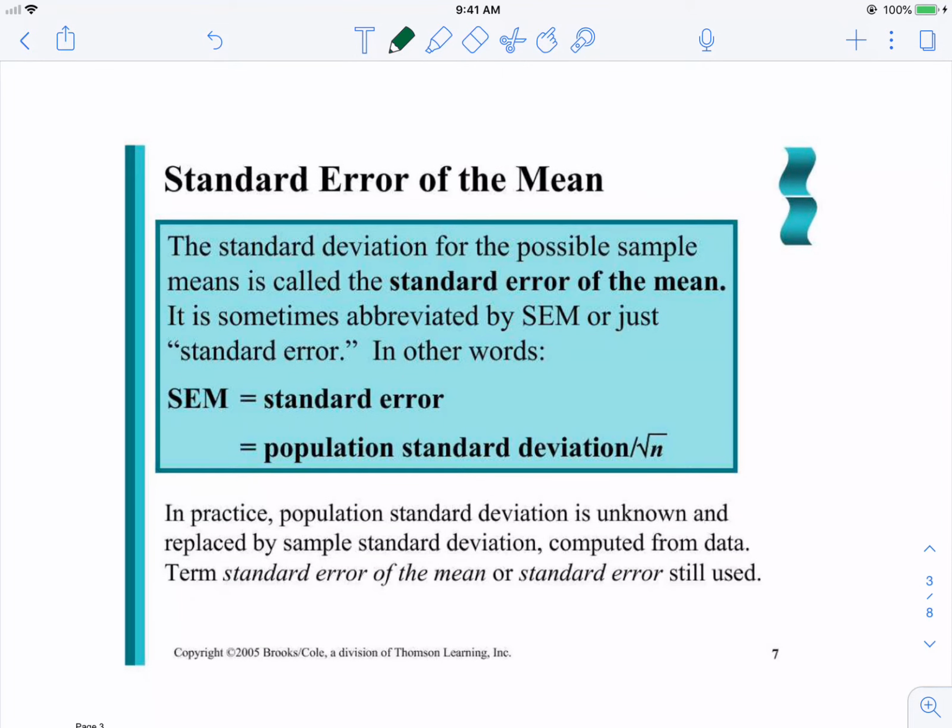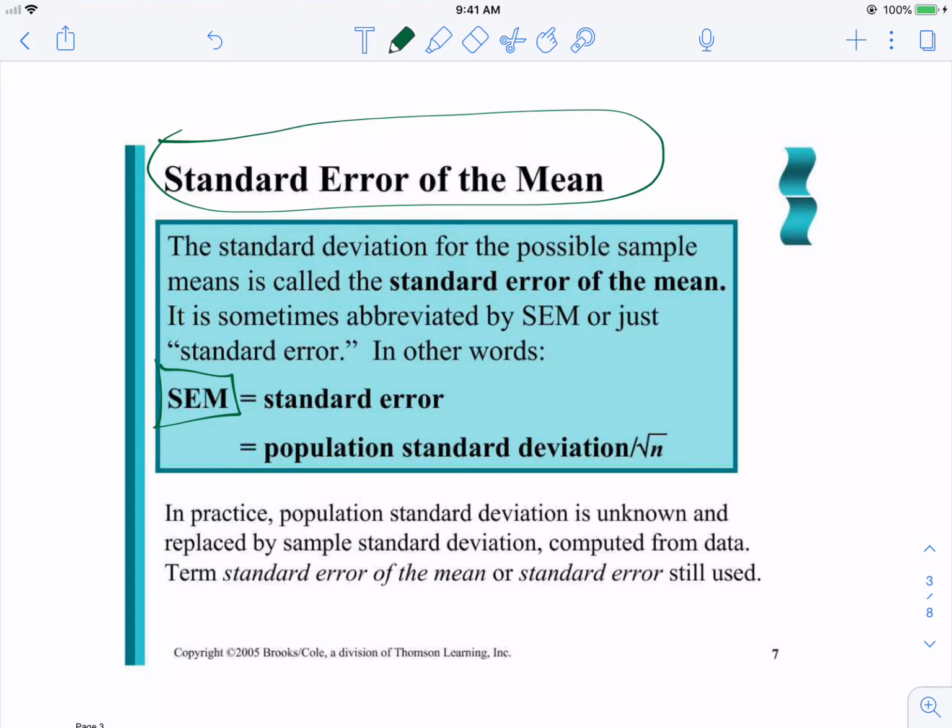Now, that step size, we have a better name for that. The name is standard error of the mean, or just standard error, and sometimes you'll see this represented as SEM. Calling it standard error allows us to only use that phrase when we're talking about this distribution of sample means, as opposed to if we called it standard deviation step size, then there might be confusion that refers back to the standard deviation of the entire population.